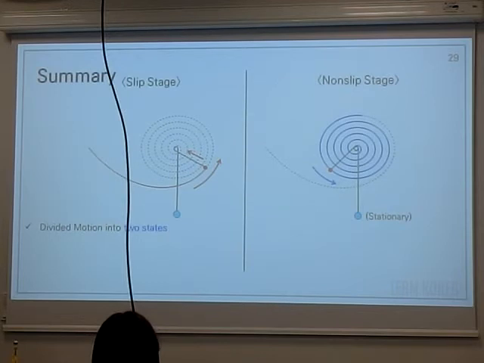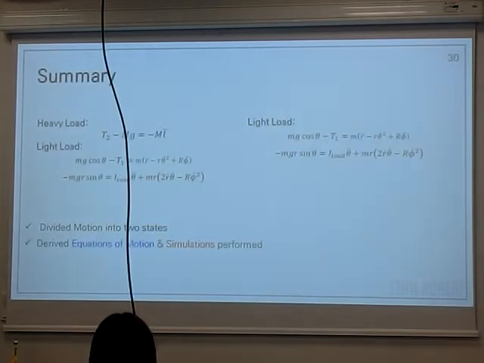To summarize my solution, I divided the motion into two phases: the slip stage, where relative motion between the string and the rod is present, and the non-slip stage, where the heavy load is stationary and the light load loops around the rod on its own. Second, we derived the equations of motion and performed simulations based on them using Python.